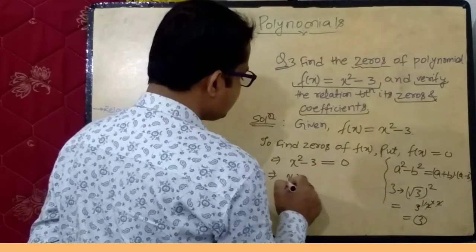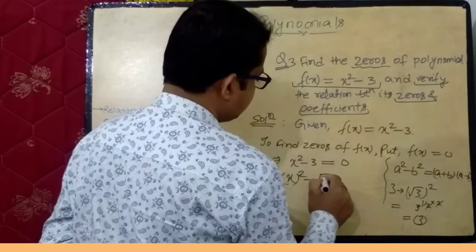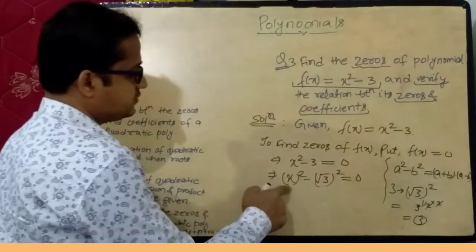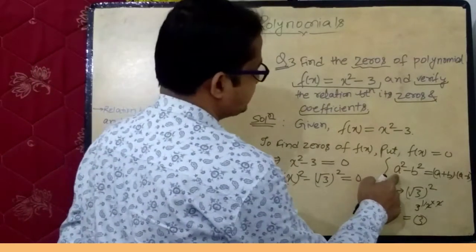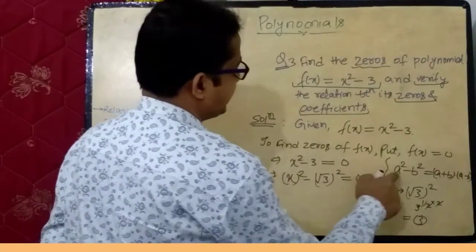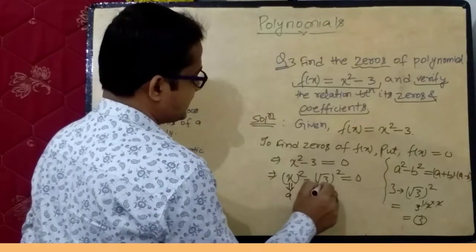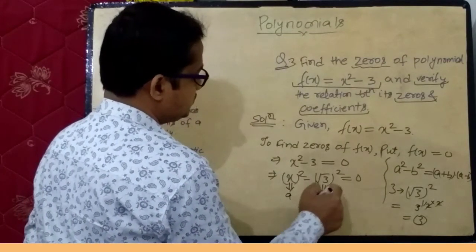So x square minus root 3 whole square equals 0. Now this is converted into the form a square minus b square, where a equals x and b equals root 3.